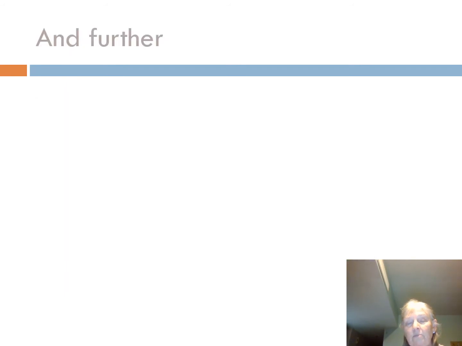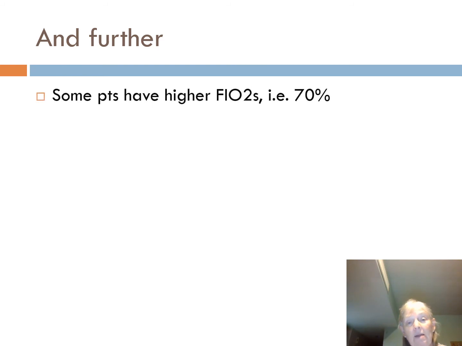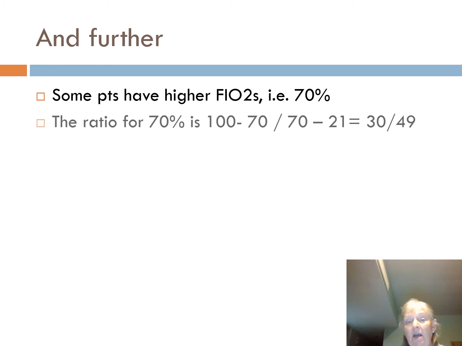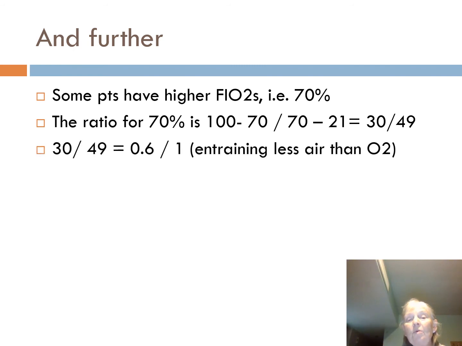However, some patients have higher FiO2s. This one has 70%, okay? The ratio for 70% is 30 to 49, which means that we're only entraining 0.6 liters of air for every 1 liter of oxygen. This is interesting.